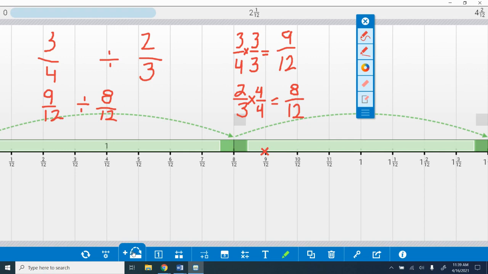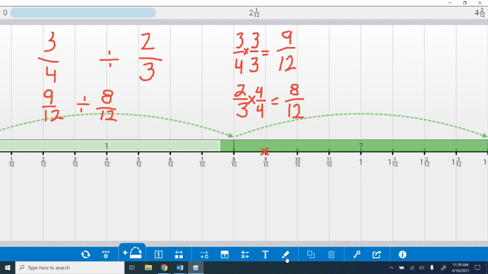Well, how much of that do I have? Let's see. I'm going to mark this here with a little dotted line because this is 3/4 or 9/12. I have this portion of the whole. Well, let's see how much that would be.